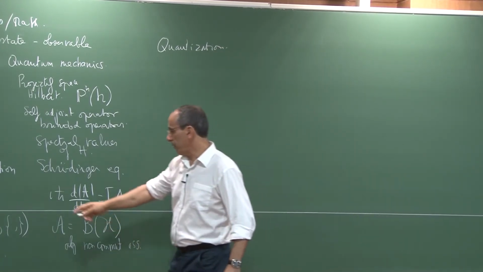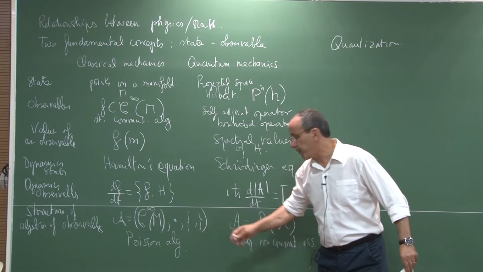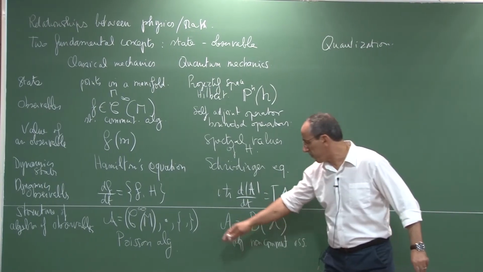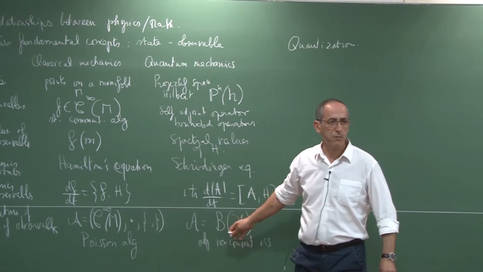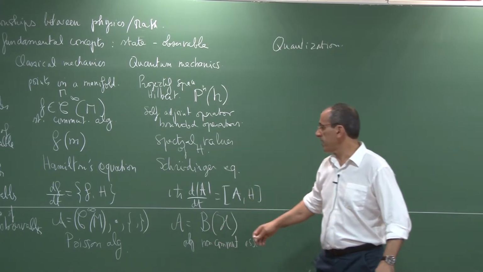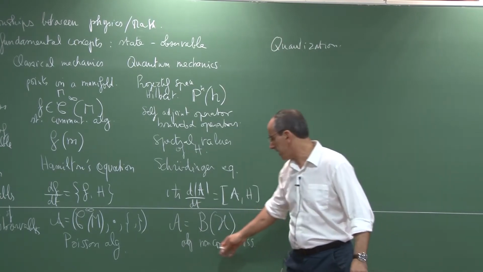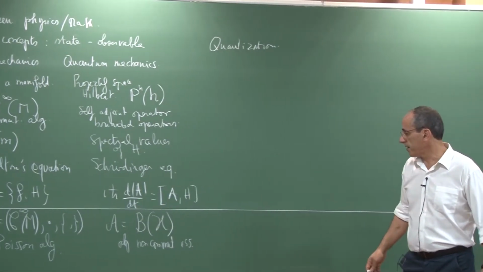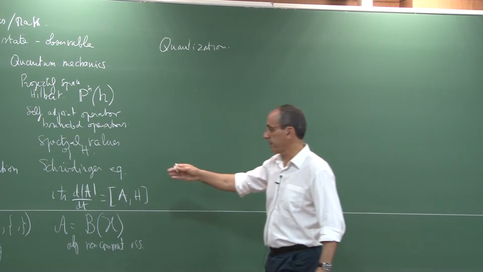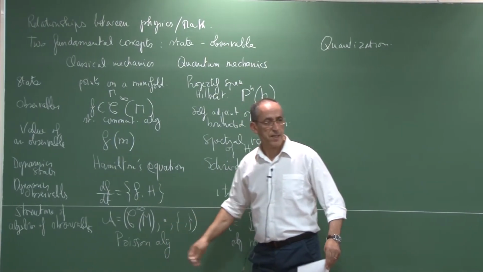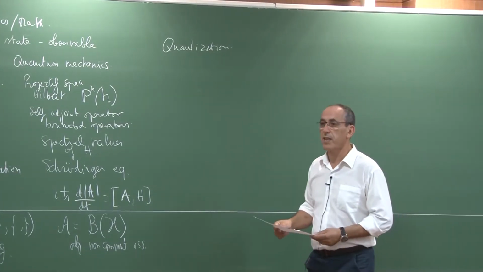Starting from a Poisson algebra, we deform this commutative multiplication into a non-commutative multiplication, usually called a star product, and it defines a non-commutative associative algebra, which is a quantization of the Poisson algebra. And this is related to deformation theory, as I will show later.